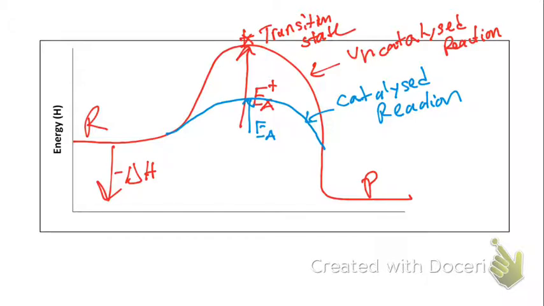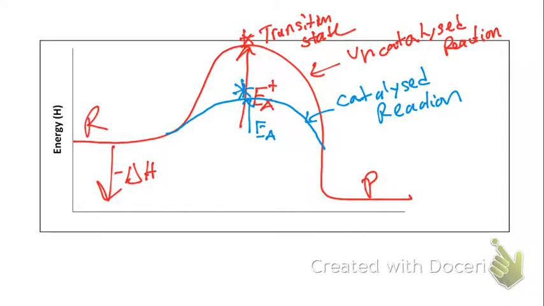All right, so hopefully you see from this graph that all a catalyst is going to do is lower the activation barrier. So we don't need as much energy to start or initiate the reaction to create the transition state. In fact, we are going to form a brand new transition state, one that is more stable and requires less energy to form when we add the catalyst.